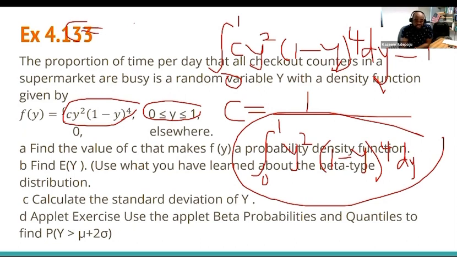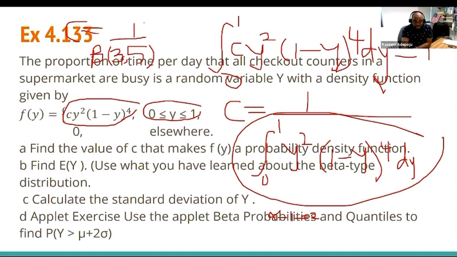If I want to know the parameters, it's more or less like equating: if alpha minus 1 equals 2, the alpha is going to be 3, and automatically this one here is basically going to be 5.